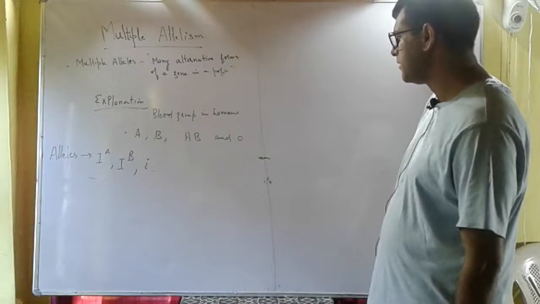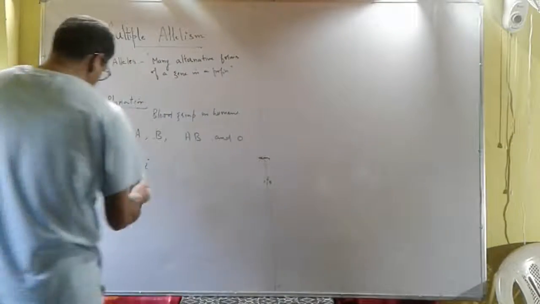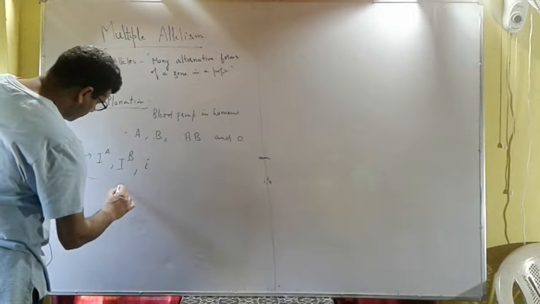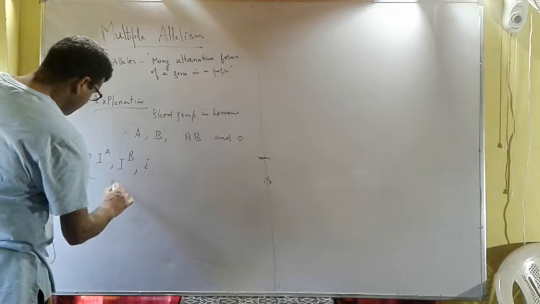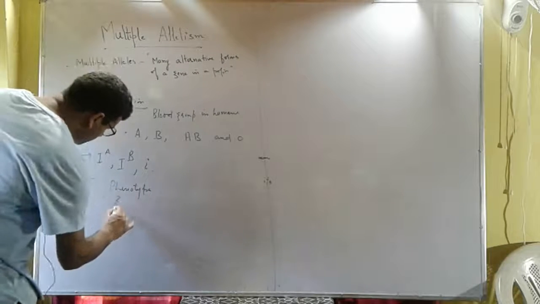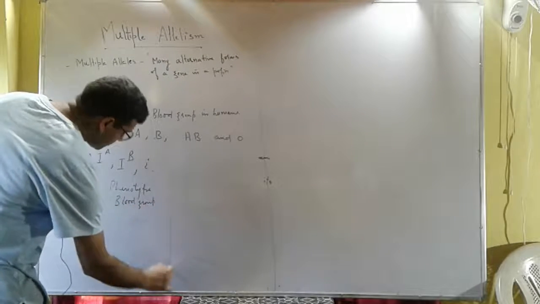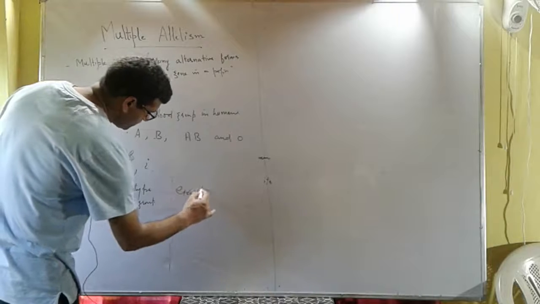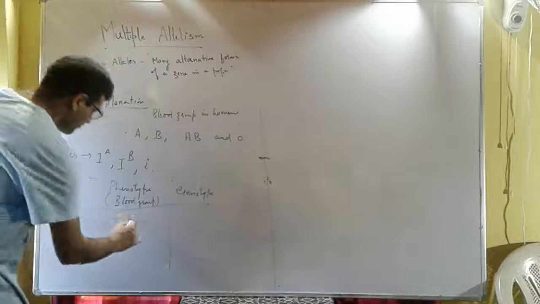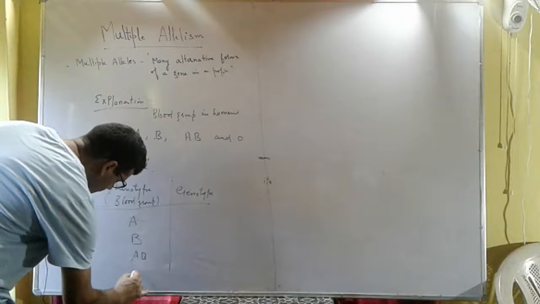Now what would be the genotype and phenotype? Phenotype is the blood group, and genotype is the genetic constitution. We have A, B, AB, and O blood groups.